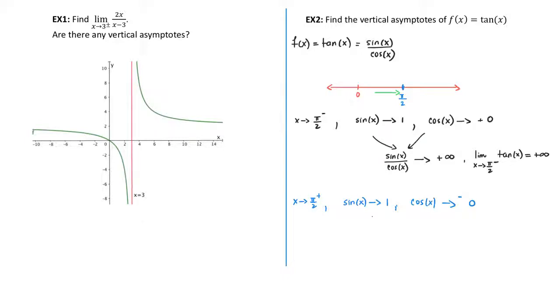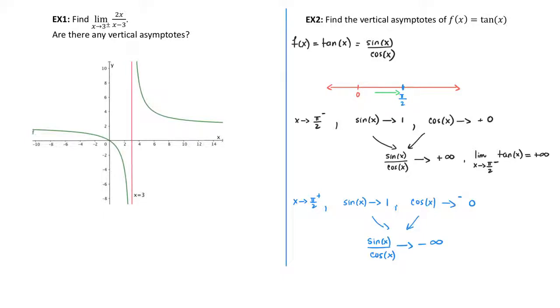So when we put the two pieces together, sine x over cosine of x, that ratio will approach negative infinity. Again, infinity because the numerator is approaching something fixed, 1. The denominator is approaching 0. 1 over something that is getting very, very small is something very, very large.